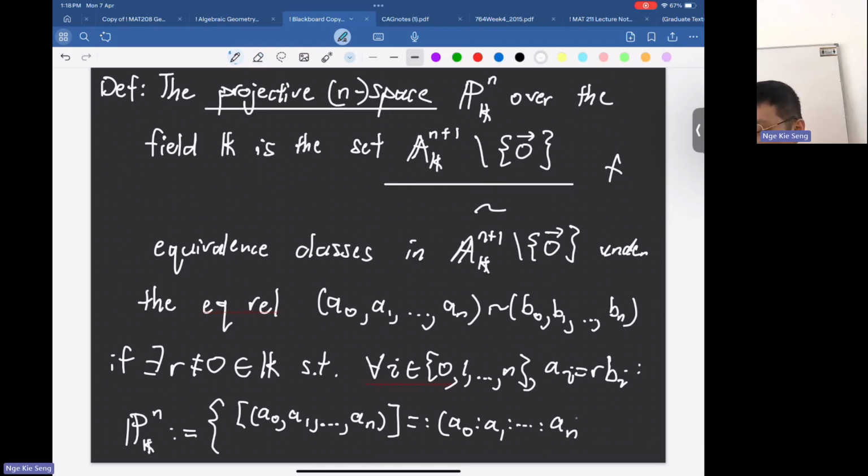So we will write it as colon instead of comma. A comma denotes a point. This colon notation is no longer a point in affine n plus 1 space, but a subset of it. Correct or not? Because the equivalence class represents a set. It's a subset.